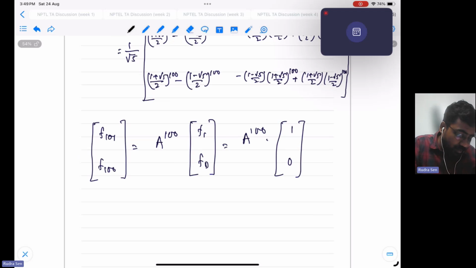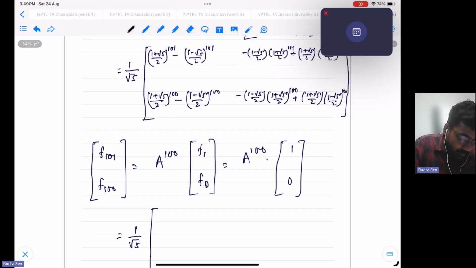So if we multiply A to the power 100 with [1, 0], what do we get? We get 1 by root 5, only the first column, right? ((1 plus root 5) by 2) to the power 101 minus ((1 minus root 5) by 2) to the power 101.